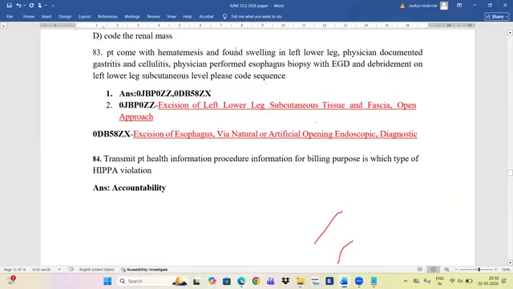When multiple procedures are performed, we need to look at which procedure has the highest revenue. Compared to the biopsy, debridement has higher revenue, so we code debridement first, then the biopsy procedure. What are the root operations for biopsy and debridement?